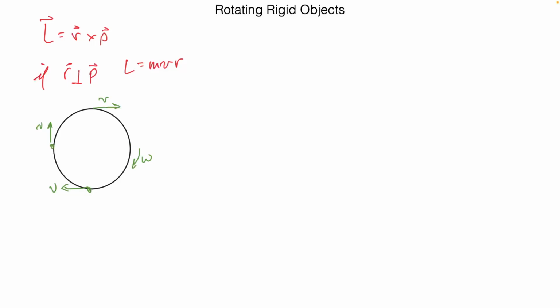So far you've learned 2 right-hand rules. You've learned a hitchhiker and you've learned a finger pointer, right? So which right-hand rule can we use to find the direction of angular momentum for this object going around a circle?